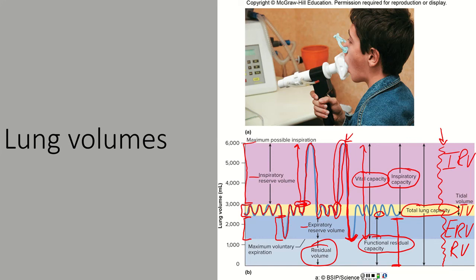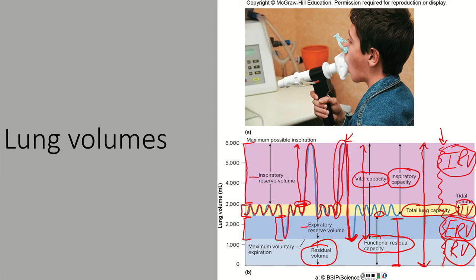Total lung capacity is the volume of air that your lungs are capable of holding. Both the air that you can breathe out and the air that you cannot breathe out. It includes inspiratory reserve volume, IRV, tidal volume, TV, expiratory reserve volume, ERV, and residual volume, RV.